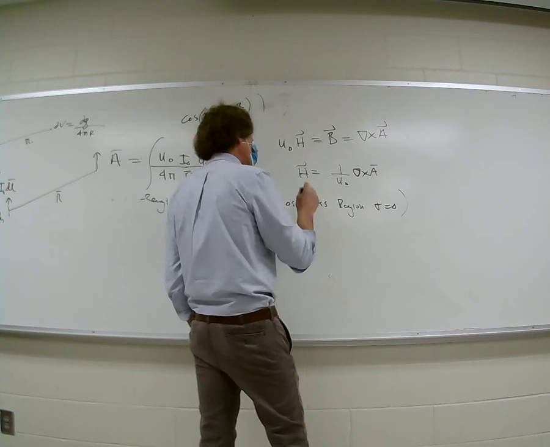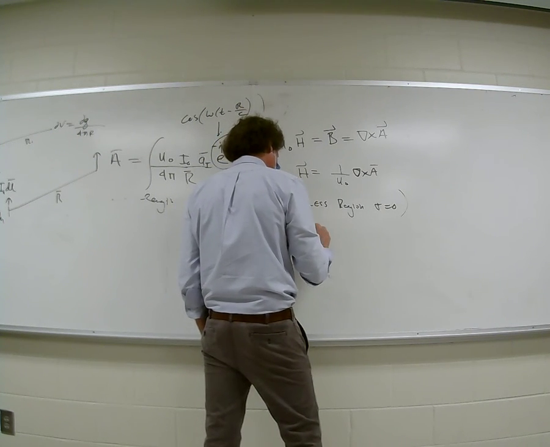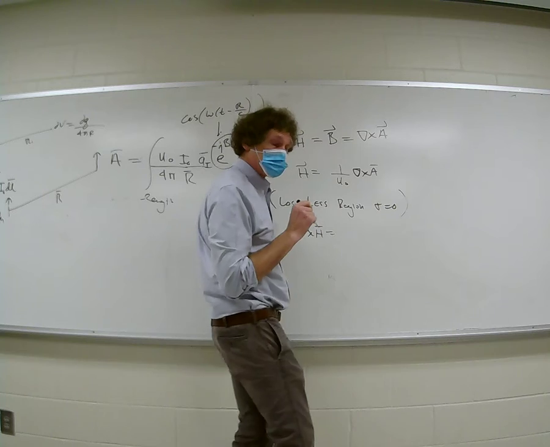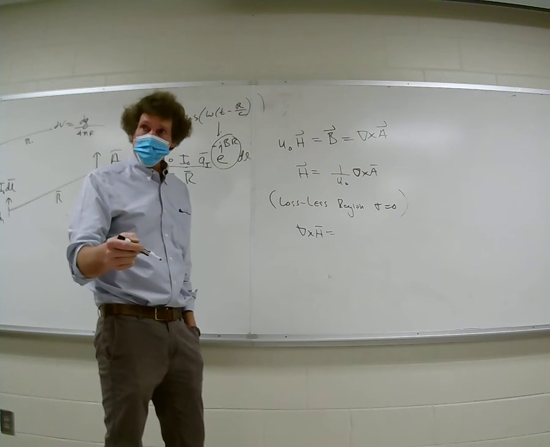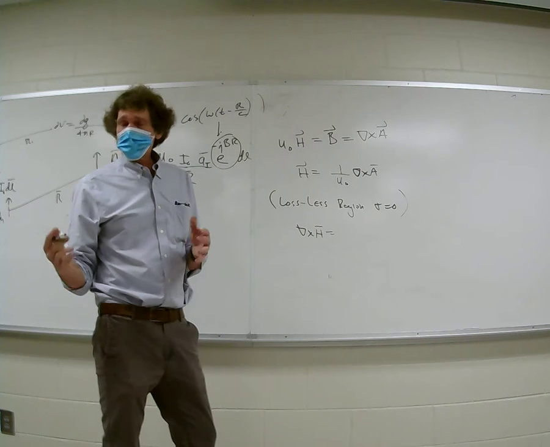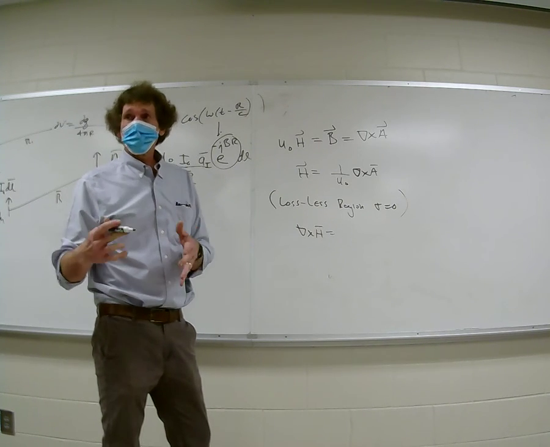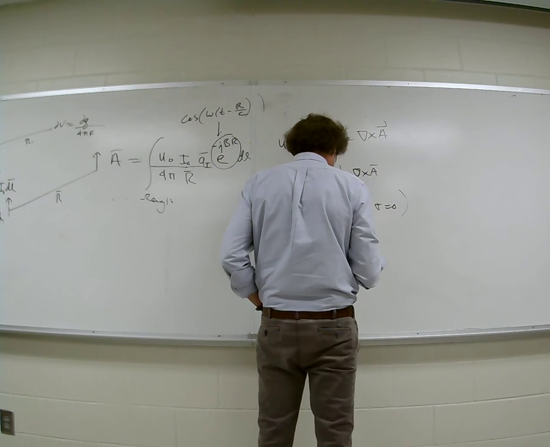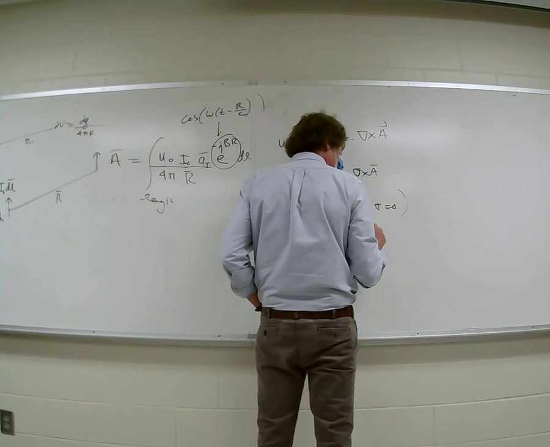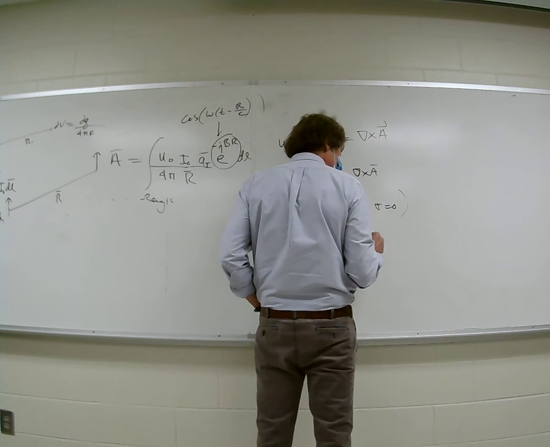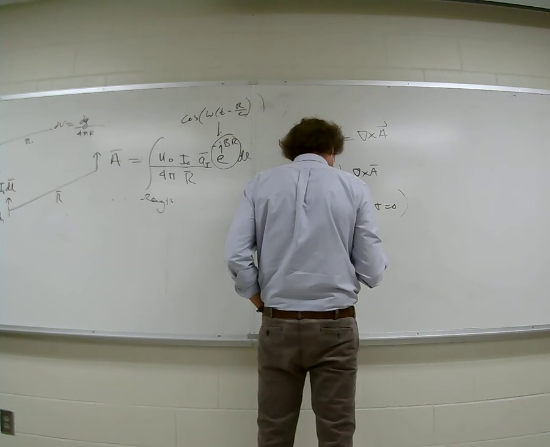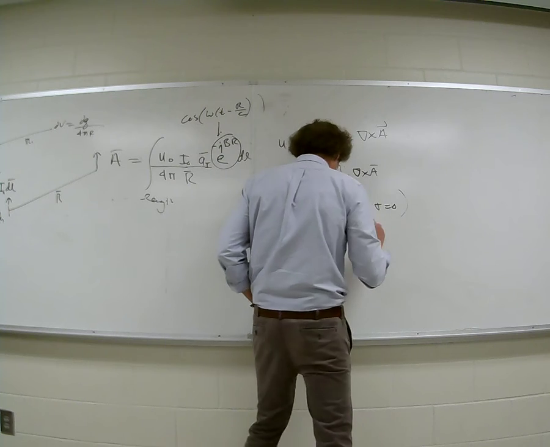Now I come down to this, so how do I get E? Well, you remember the old curl of H was equal to, in general, J plus the partial of D with respect to t. But I'm going to do it in the phasor domain. We're going to work in the phasor domain unless we need to go to the actual time domain for transients. So if the curl of H was sigma E, I'm just going to drop that, plus the partial of D with respect to t, and when I do the necessary adjustments by putting D as epsilon E, and going to the phasor domain, I get j omega epsilon E, correct?